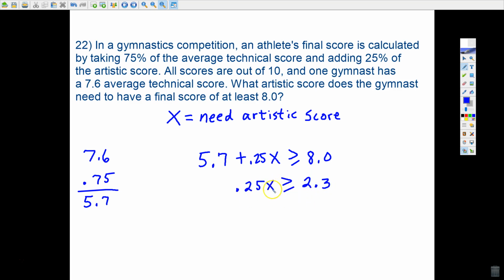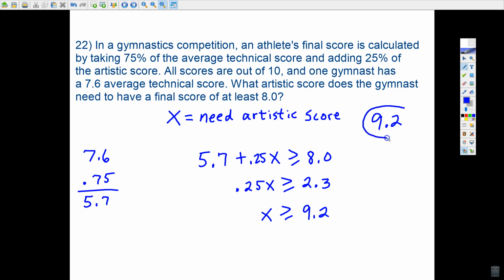And now to solve for x, you can divide by 0.25 on both sides. Dividing that by 0.25, we get 9.2. Okay, so to get at least an 8.0, they're going to need a minimum of at least a 9.2.